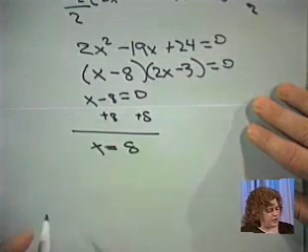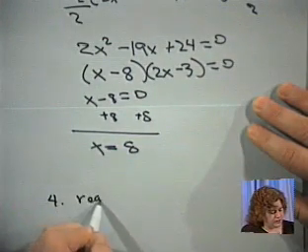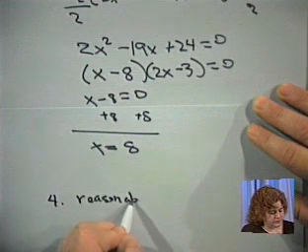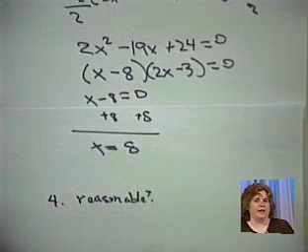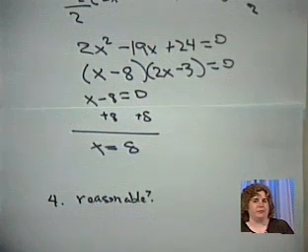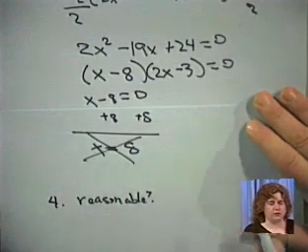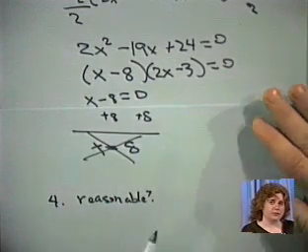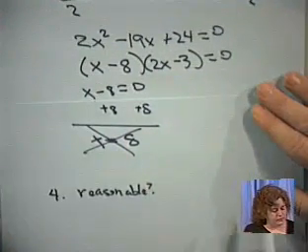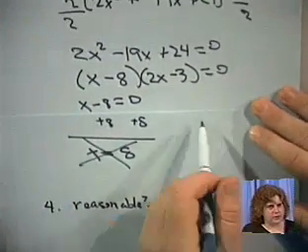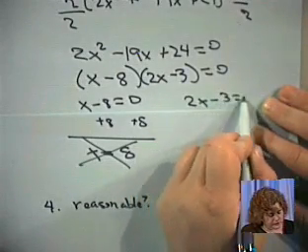And we want to stop and begin to ask, even though we haven't done the other side yet, is the answer reasonable? If I cut out a strip 8 inches wide, I've cut out the entire paper. I can't use 8. So I'm going to throw that out. Our original paper was 8 inches wide. 8 inches is too big. So we'll work with the 2x minus 3. 2x minus 3 equals 0.